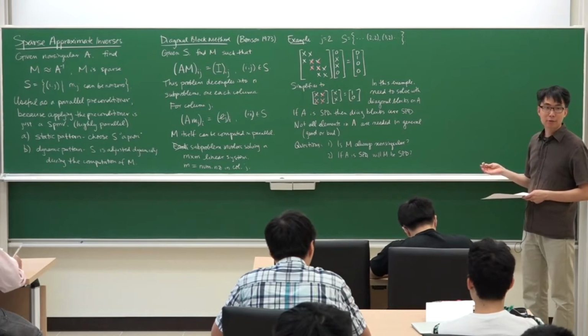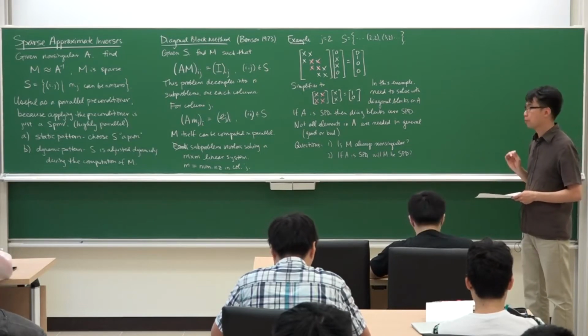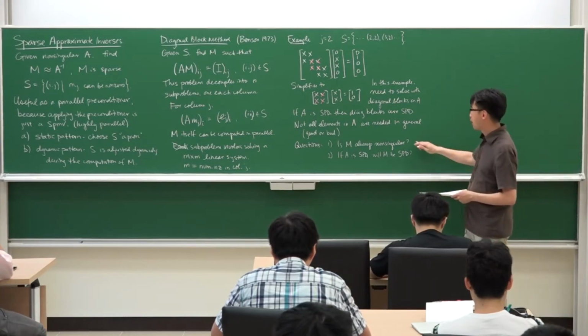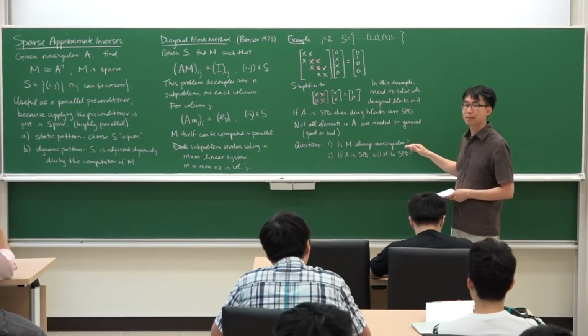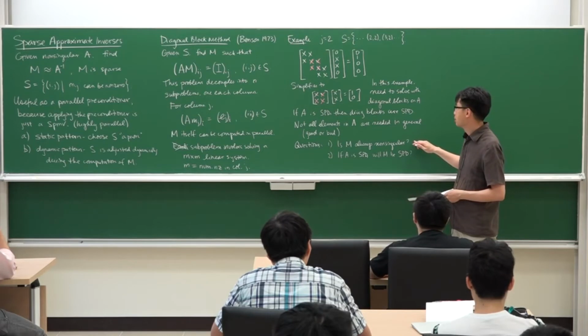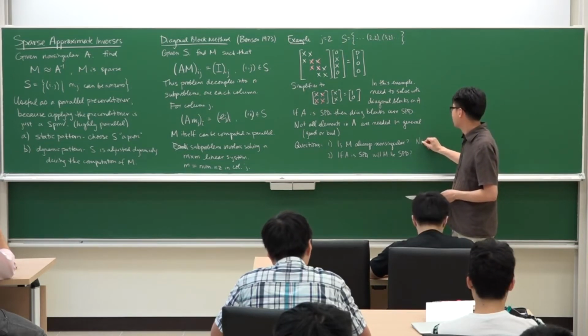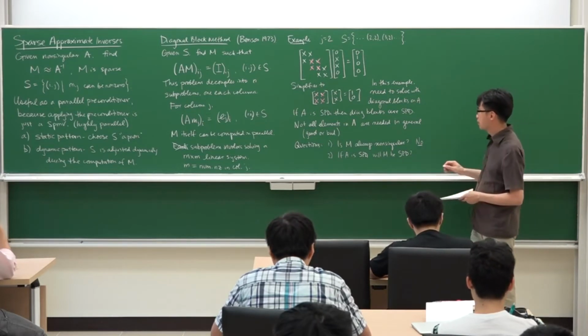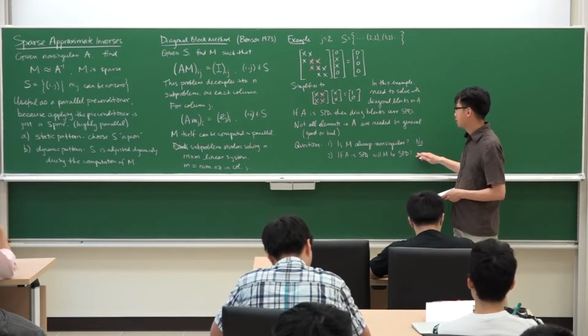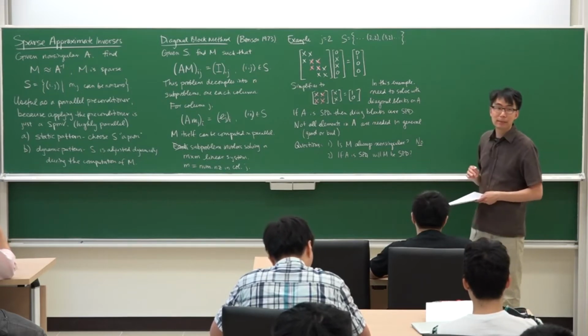Unfortunately, the answer to both these questions is no. Depending on how we choose the sparsity pattern, we're not guaranteed that the matrix is always non-singular. And similarly, we're not guaranteed that M will be SPD.